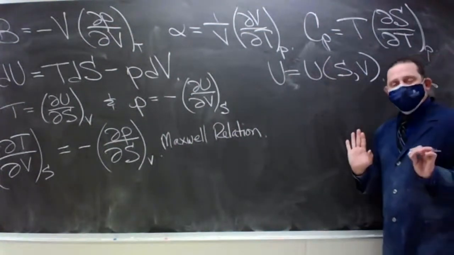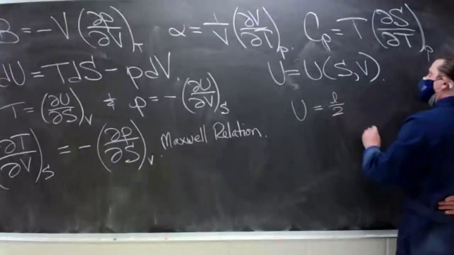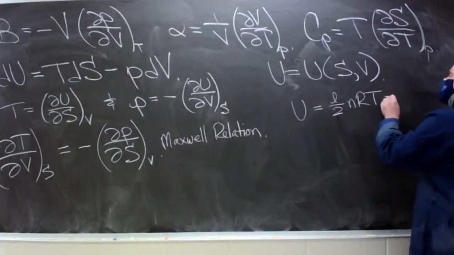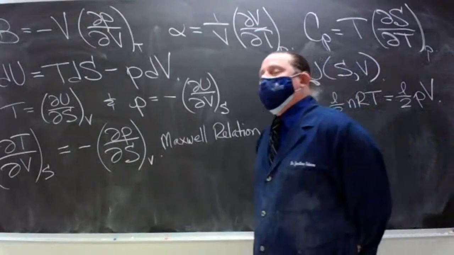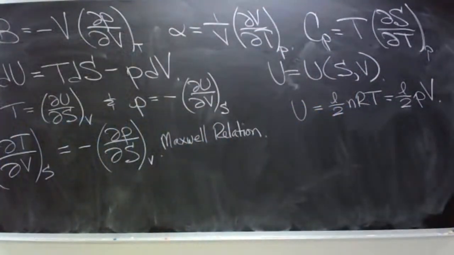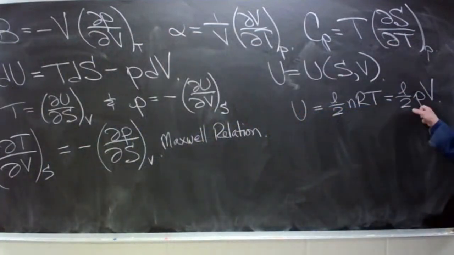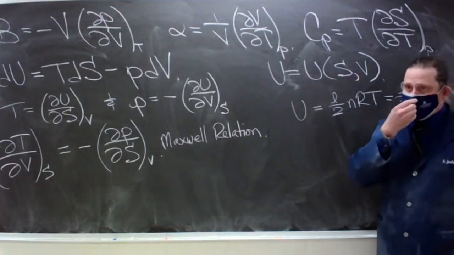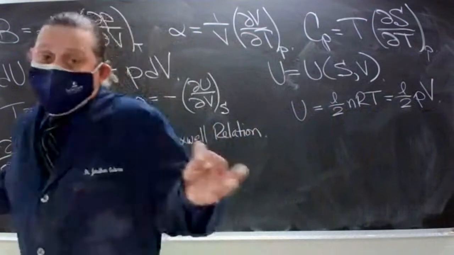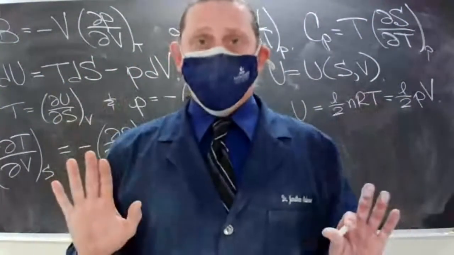This is unlike what we've seen with the ideal gas. When I write the internal energy as f over 2 nRT or f over 2 PV, neither of these gives the internal energy as a function of the entropy and the volume. Now that's okay. It's still equal to the internal energy, but it's not in the appropriate form.